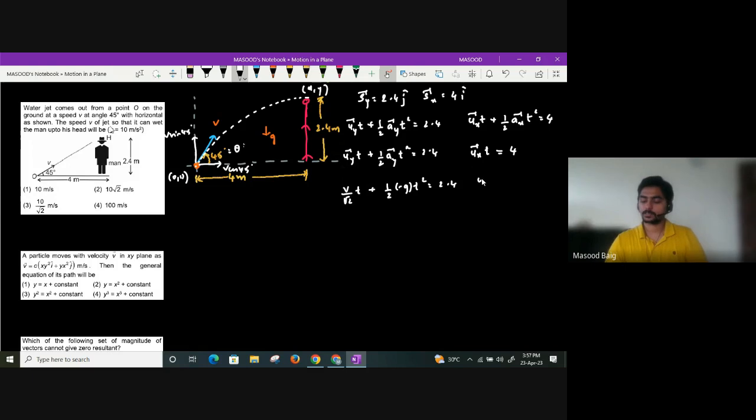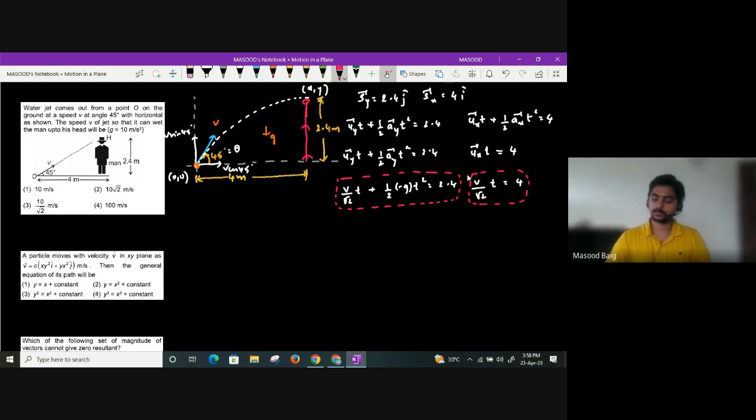What is u cos theta? You can write v cos 45, which I'll get as v by root 2, into t will be equal to how much, beta? This will be equal to 4. Now what can we do using these two equations? One equation we got: v by root 2 into t minus half g t square is equal to 2.4. The other equation we got: v by root 2 into t is equal to 4. Yes or no?